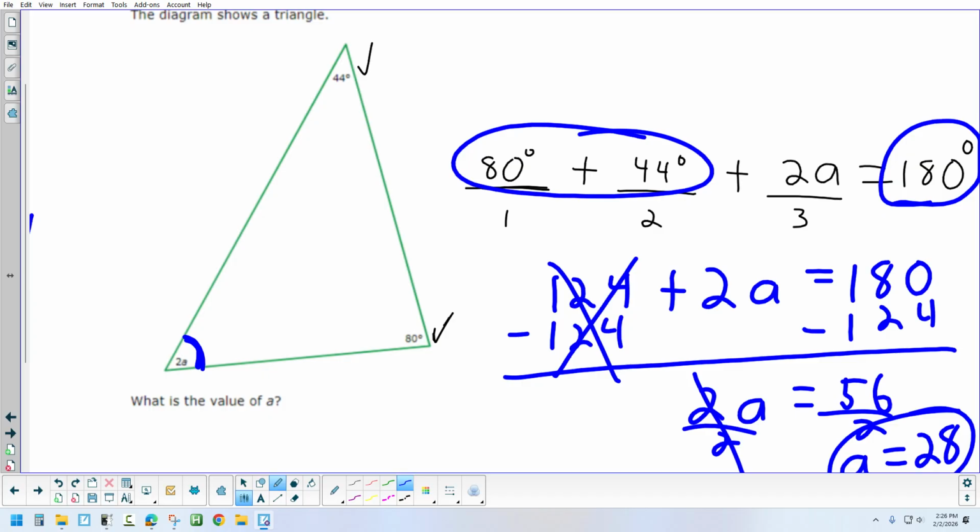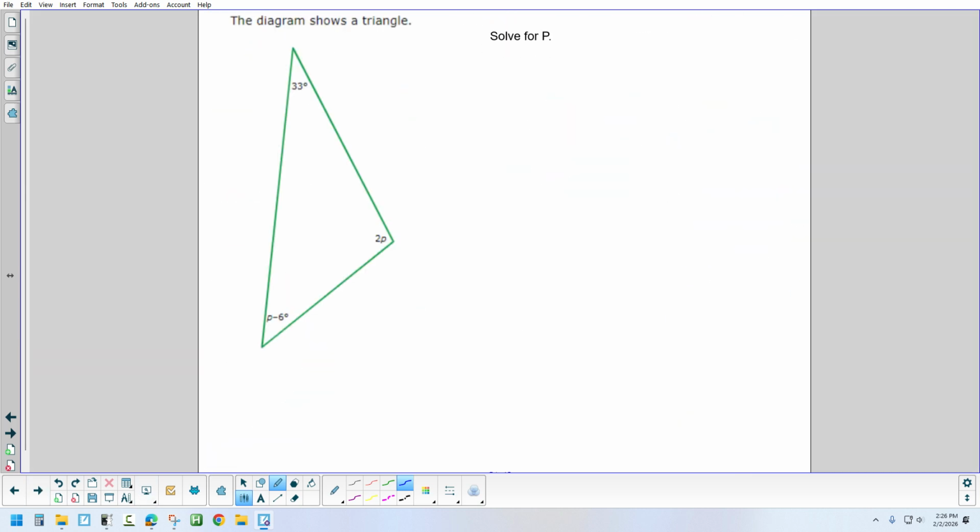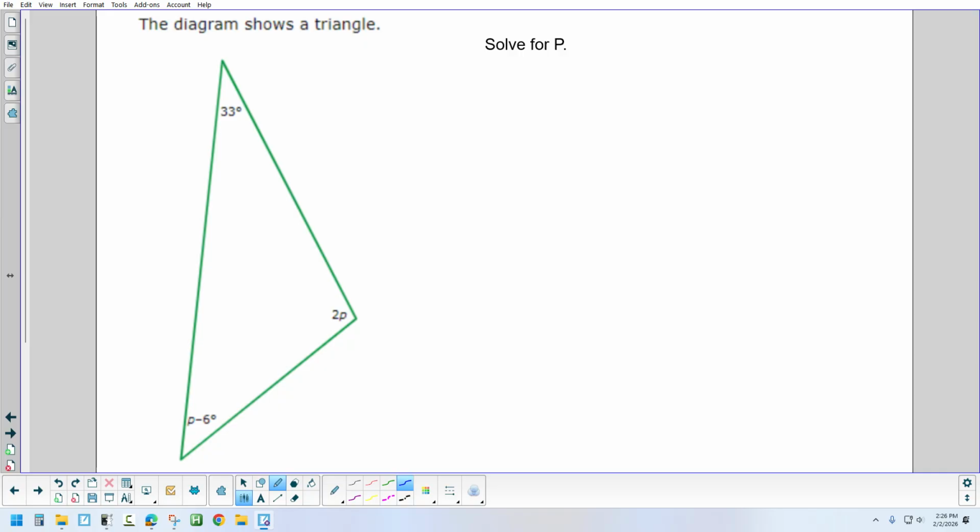Okay. Let's look at the last question. This one is very similar to the one we just did. Okay, so it says the diagram shows a triangle. So start with this. What always goes on the right side when you're doing a problem with the triangle and the angles? Yep, 180.